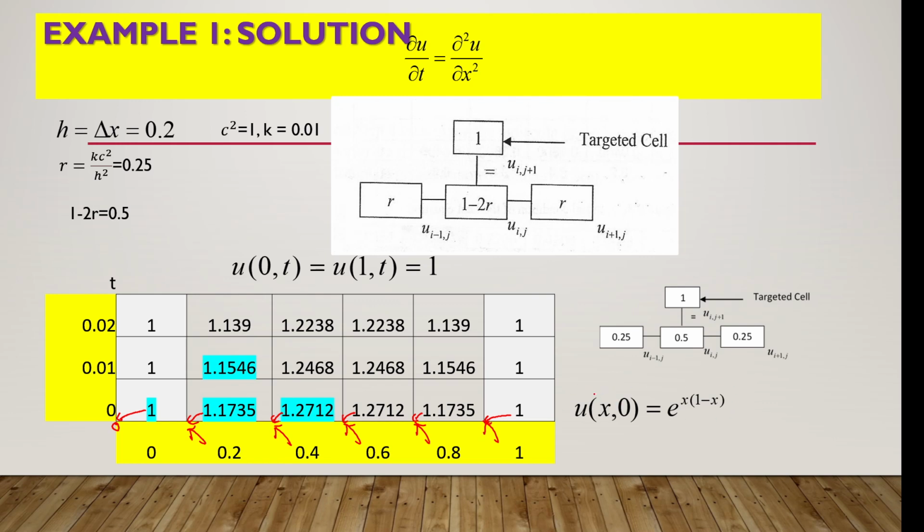And this is from the initial condition u(x,0) equal to exponent x(1 minus x).